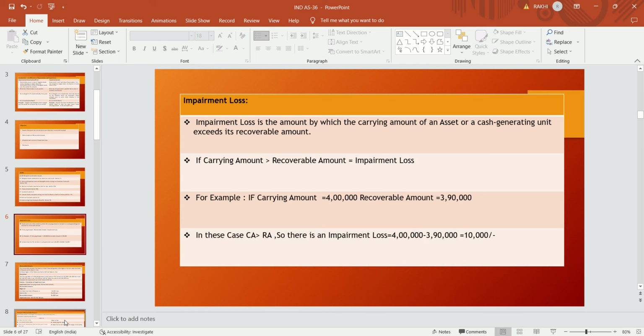Then 100 crores minus 80 crores, that is 20 crores, is an impairment loss because the carrying amount exceeds the recoverable amount. Then the impairment loss is to be booked in the P&L.